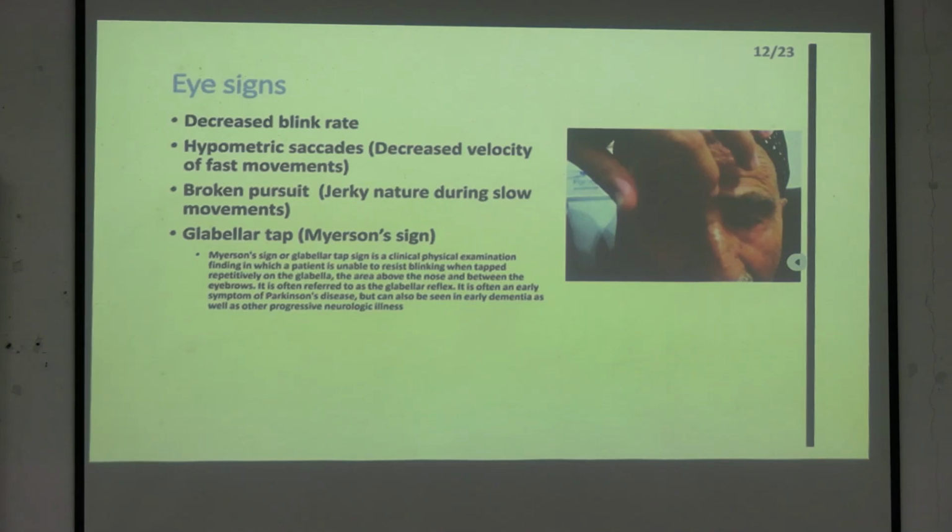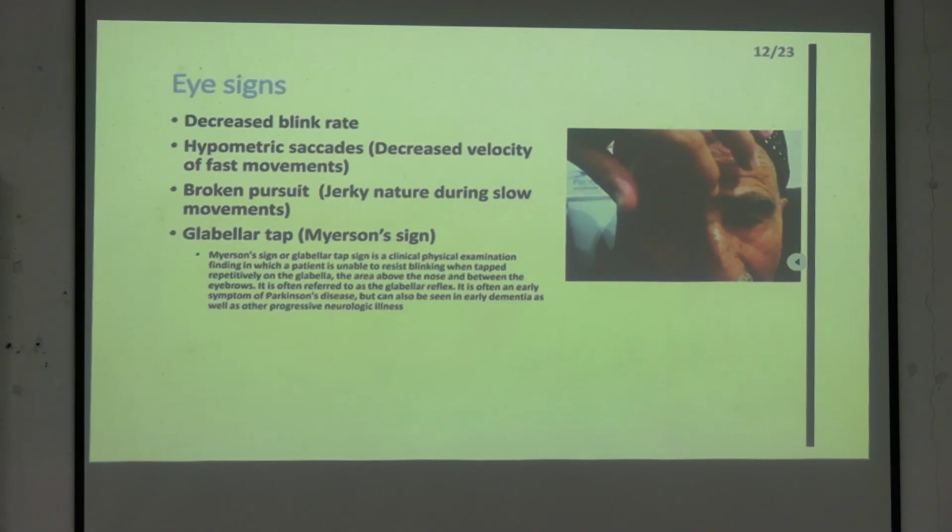Now there are some eye signs of Parkinsonism. There is decreased blinking. There is always some amount of blinking in your eyes, but here it is decreased. It's called a staring look: the patient looks as if staring. There is hypometric saccades. Saccades are eye movements.